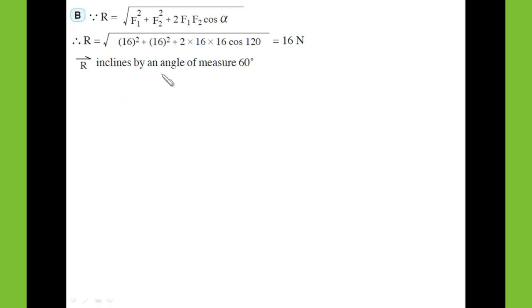R is inclined by an angle of measure 60 with the first force, actually with any of the two forces, because we have two equal forces. So the resultant R bisects the angle between them. The angle between them is 120, so we can write that R inclines by an angle of measure 60 degrees with the line of action of each force.